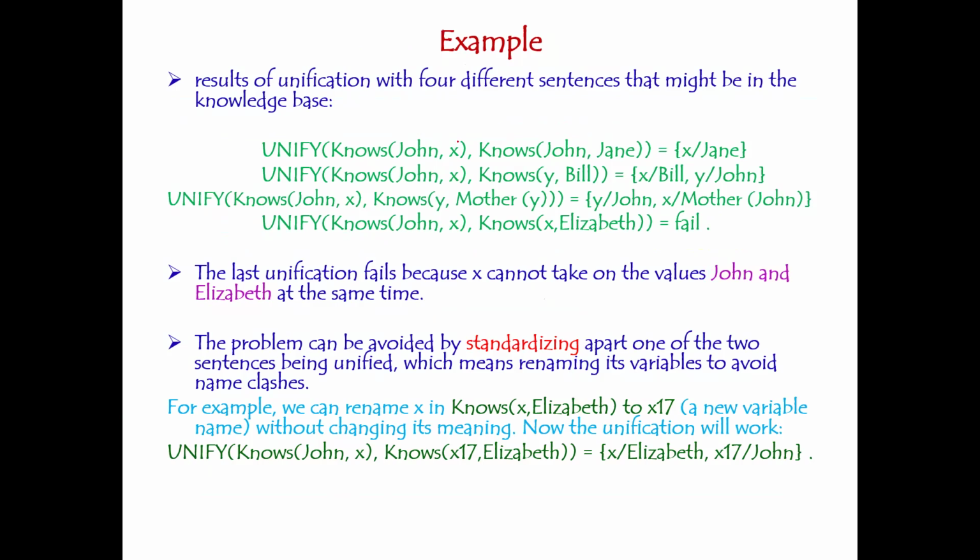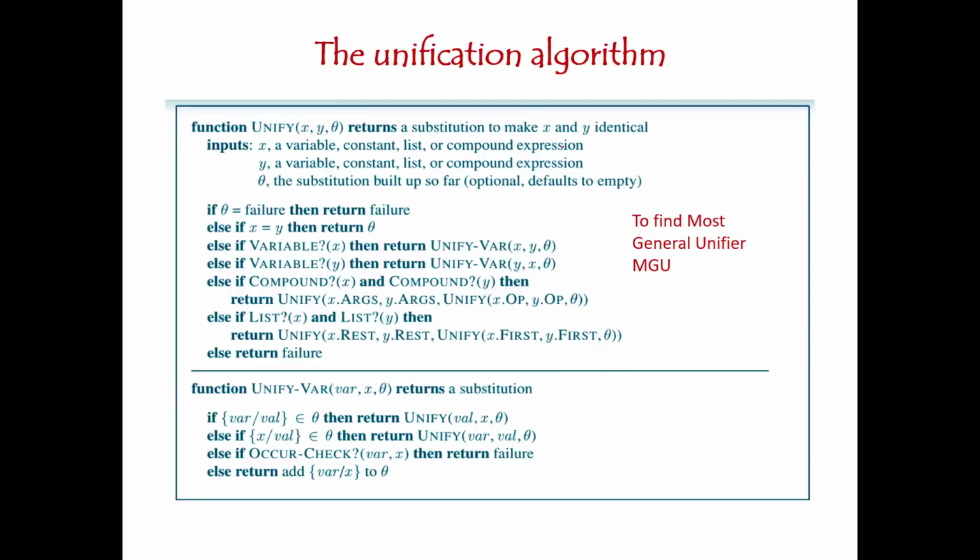The first one is P, the second one is Q. Now if you observe, in both sentences I have John and John, and in place of X as the second argument I have Jane. So I can take the substitution of Jane in place of X. This is the form of the first step.